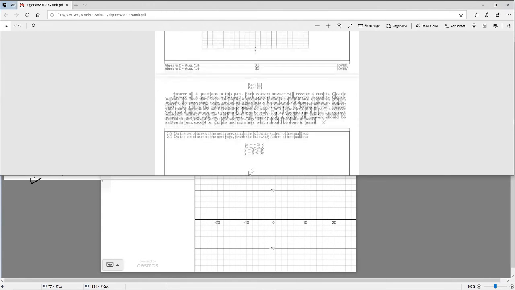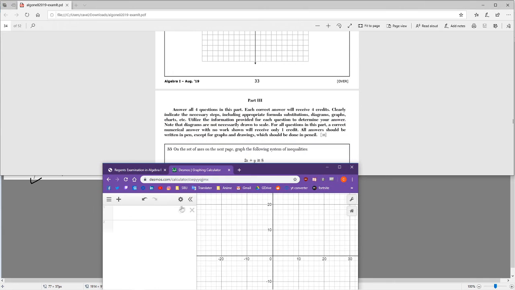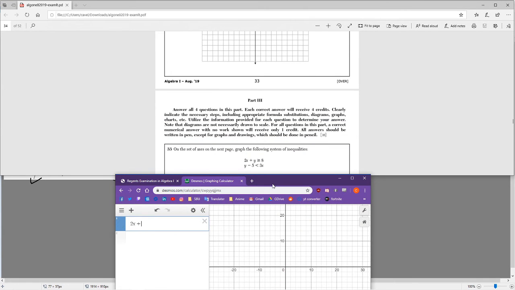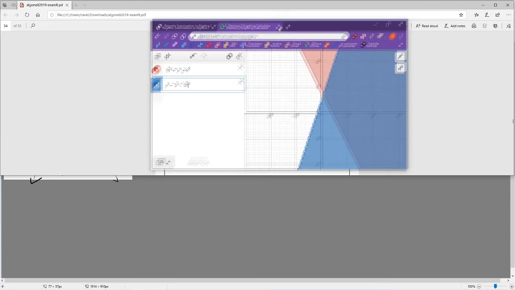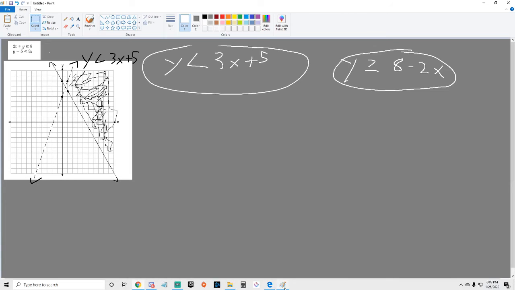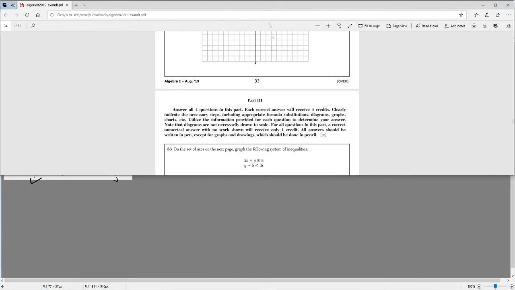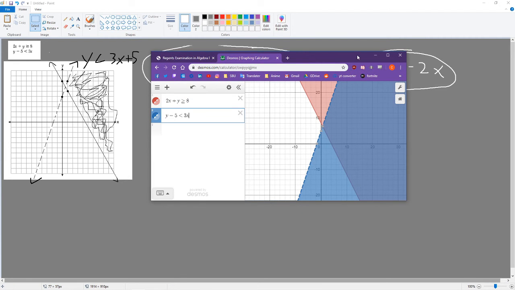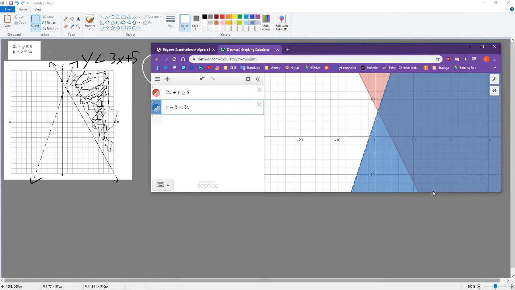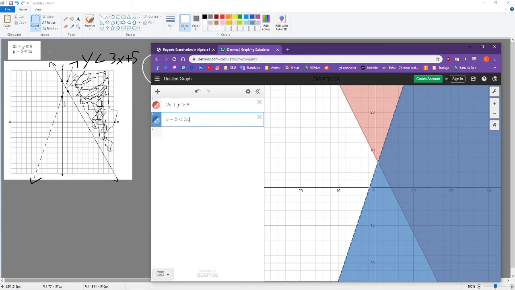What were the initial equations? So we had 2x plus y is greater than or equal to 8, right? Y minus 5 is less than 3x, right? So if you look at this graph compared to the one we drew, you can see that the space that I filled out with the squiggly stuff is our answer.